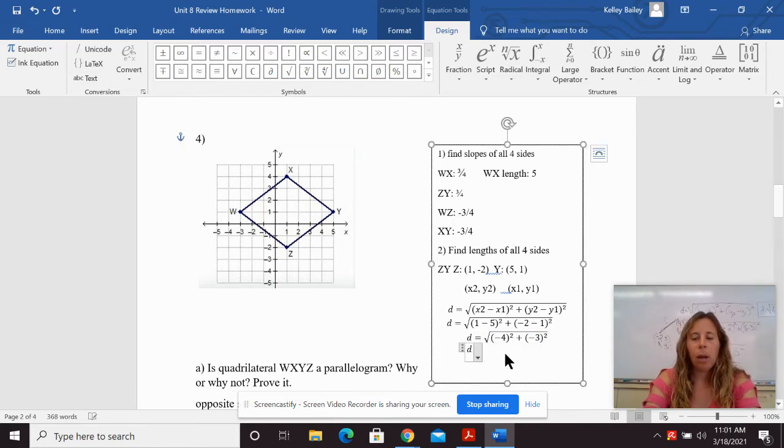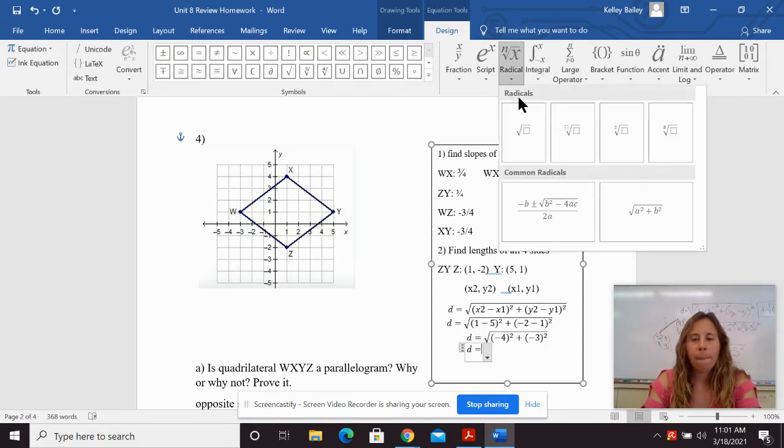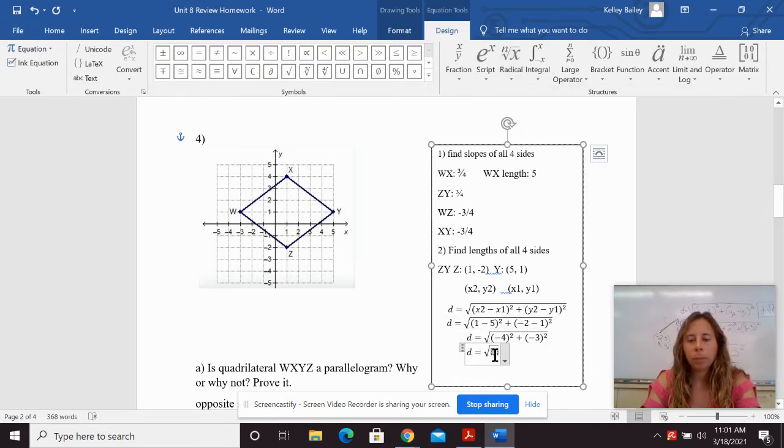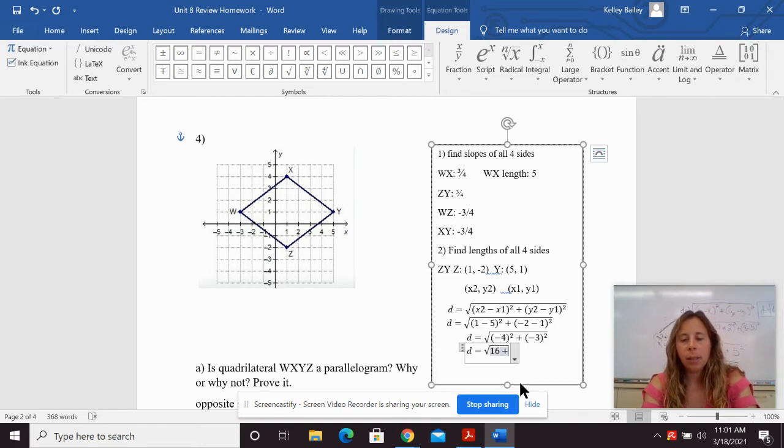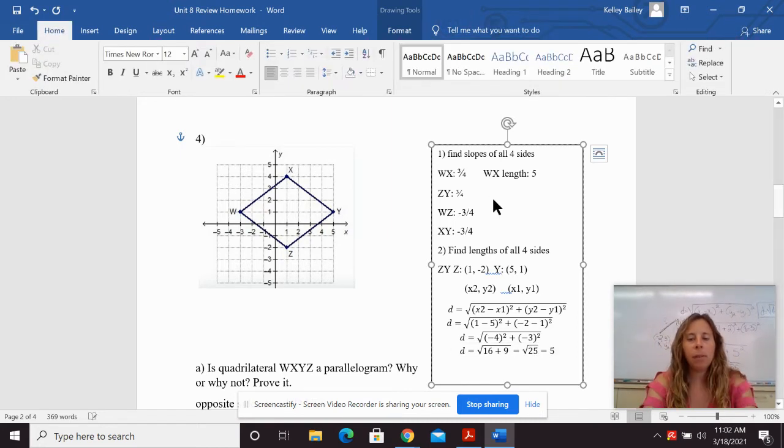Then we just keep on going. -4 squared is 16 plus -3 squared is 9, which equals the square root of 25. Okay, so you get the same thing, which is equal to 5. Right, so these have the same length.